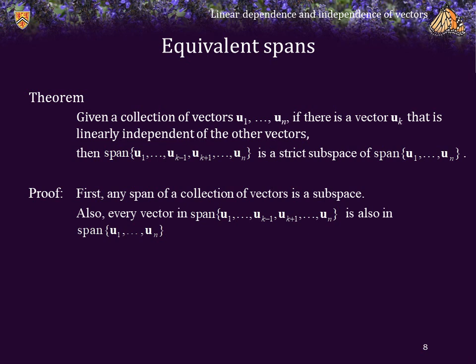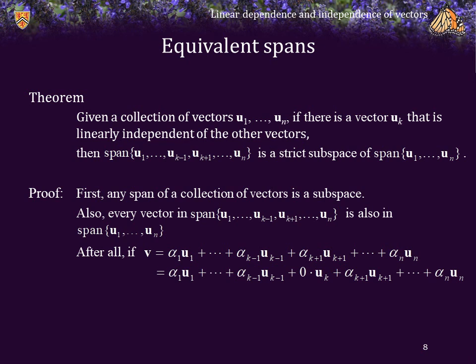Well, if it's in the first set, then we can write it as a linear combination of all vectors other than u sub k. Well, if this is true, then we can also write it as a linear combination of all vectors including u sub k, as all we need do is multiply u sub k by 0, and we get the same result.